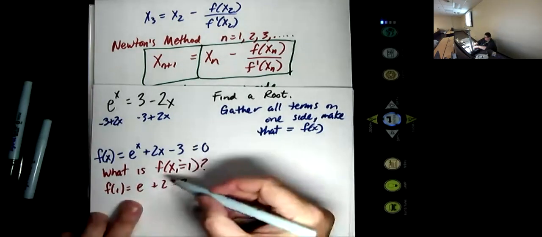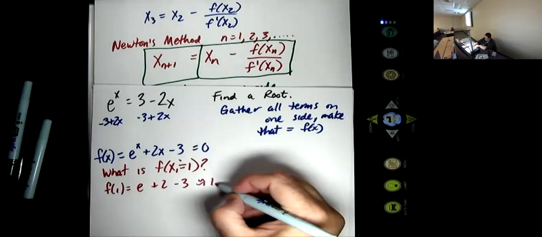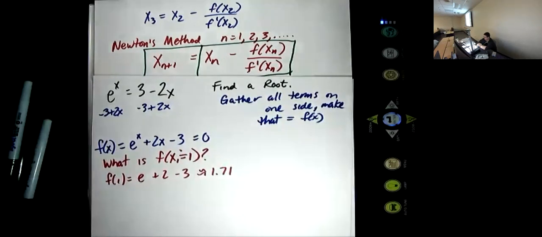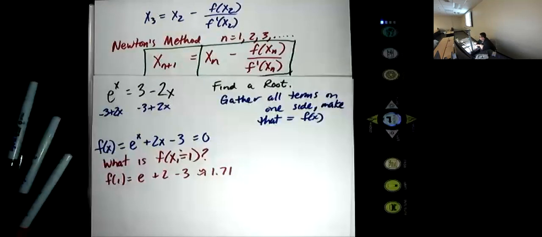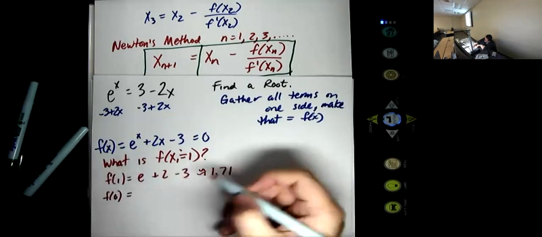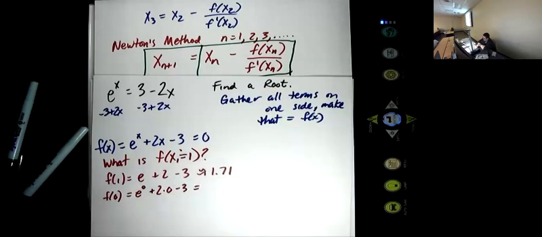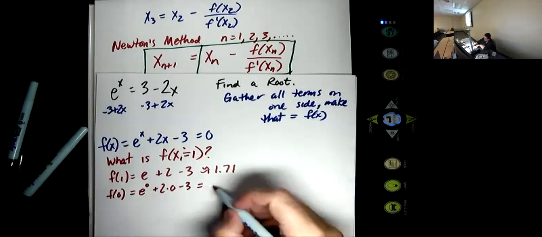And this is about 2.7 plus 2 is 4.7. This is about 1.71. And you may go, well, I don't know, is that close enough? I don't know. Let's take a look at f of 0. E to the 0 plus 2 times 0 minus 3. I've got 1 minus 3 is negative 2.